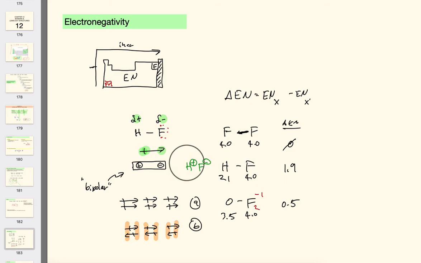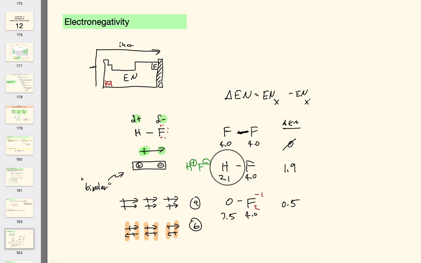So what determines how big this arrow is, how unequal the sharing is? Just how big this difference is. Now remember I told you F2 wasn't polar at all because there's no difference. Well, you can see that. 4 minus 4 is 0. So again, the difference in electronegativity is 0. It's not a polar bond. It's nonpolar.